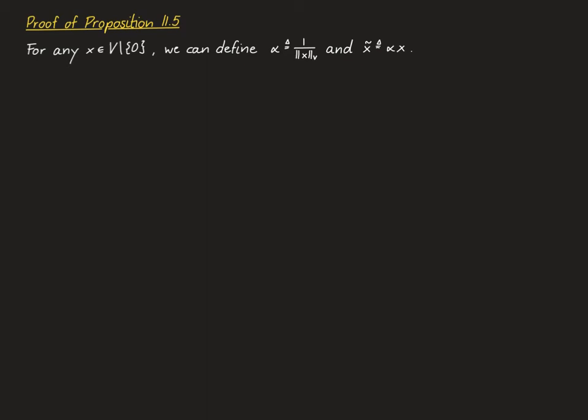define a scalar alpha as 1 over the norm of x and another vector x tilde as alpha times x.